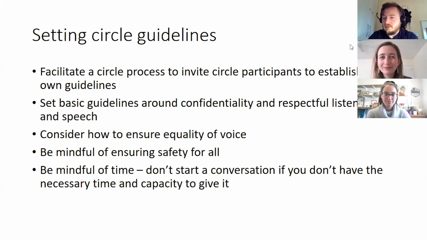But primarily, I'd say if you're interested in circle processes, get some training, because there are half-day, 1-day, 3-day training opportunities. There may very well be fantastic trainers in your local area or in your jurisdiction who can train you in the skills and art of facilitating circles, of using restorative practices, and of thinking about different applications in your professional arena.